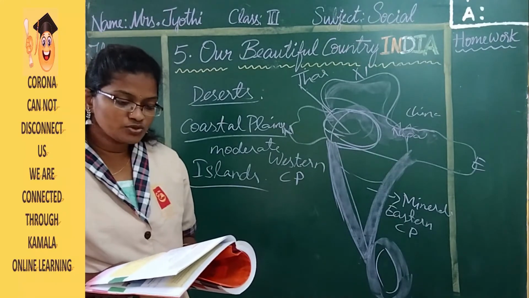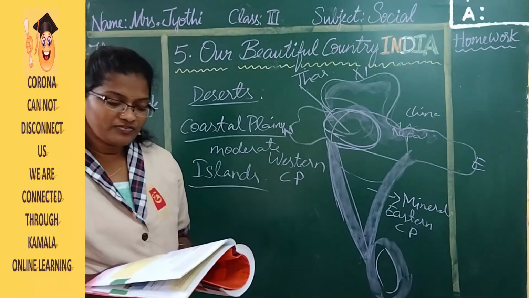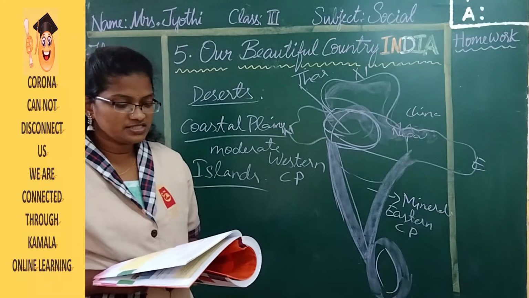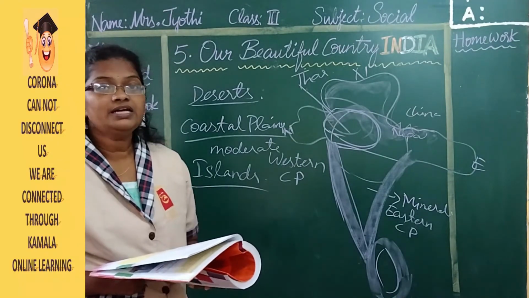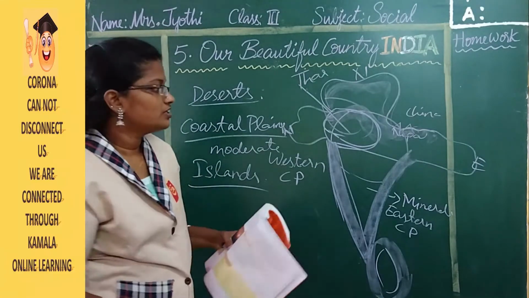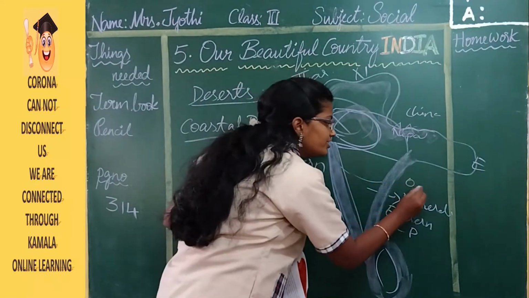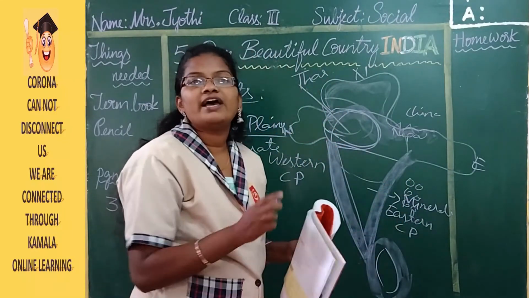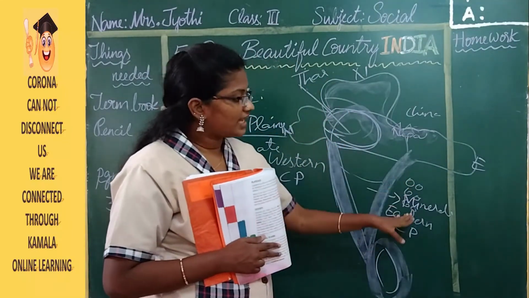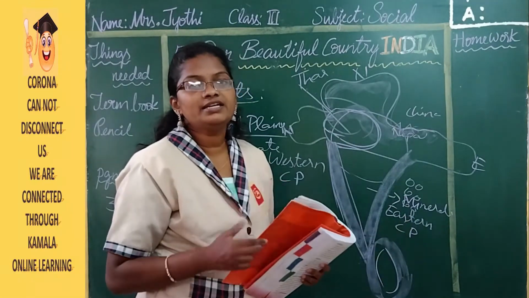So India has two groups of islands. The group of islands that lie towards the eastern side in the Bay of Bengal is called the Andaman and Nicobar Islands. So towards the eastern side we have very small islands like this. A group of islands are called island groups.